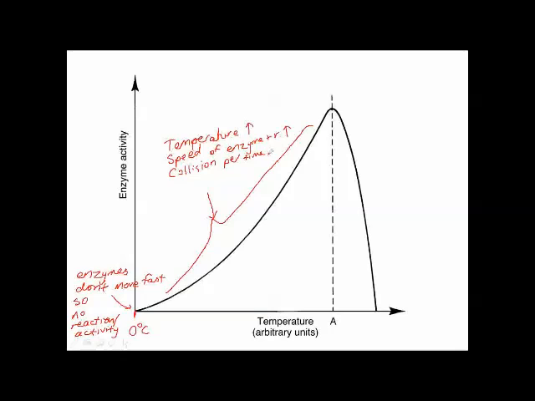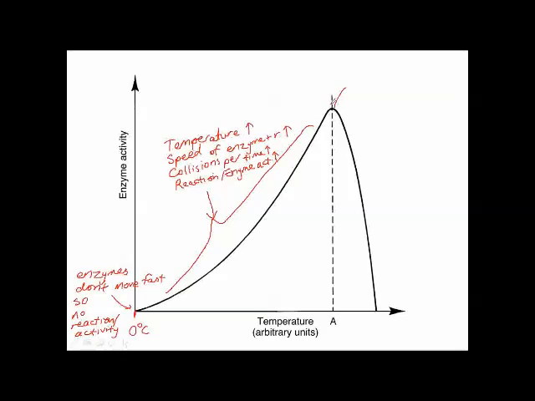If there are more collisions per unit time, then there is increased reaction rate, or how this is written down is enzyme activity, that increases as well. So the arrows just mean increasing.